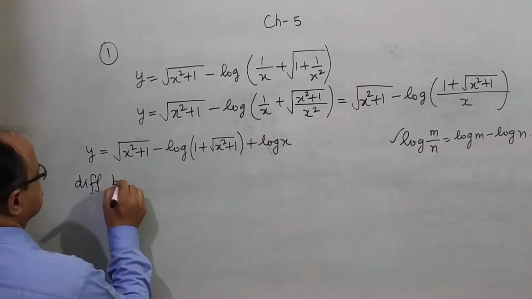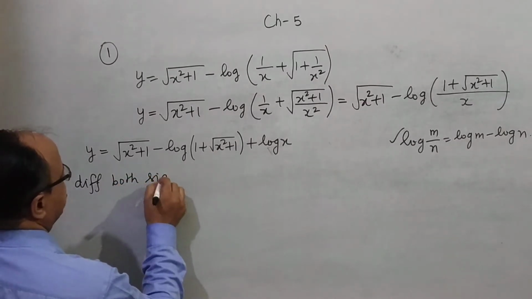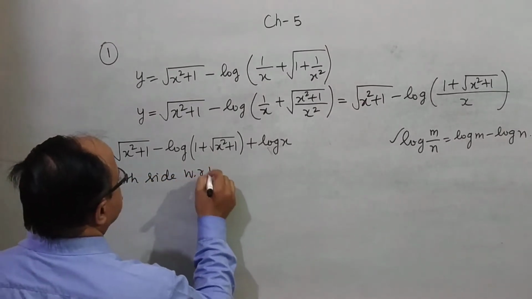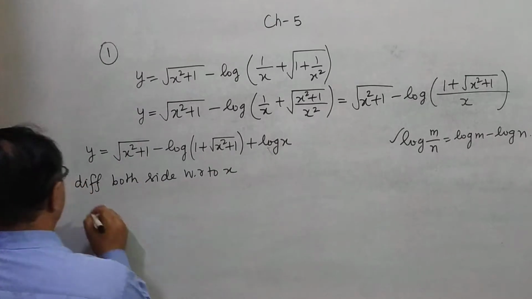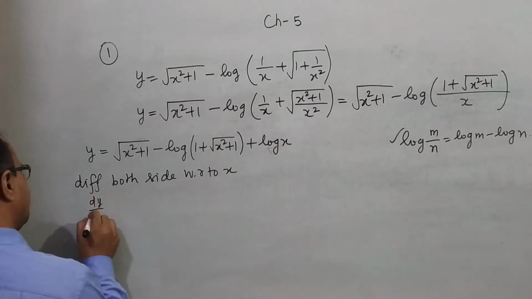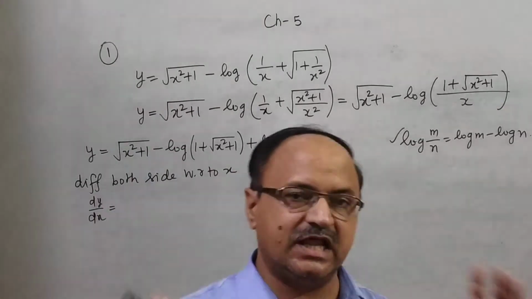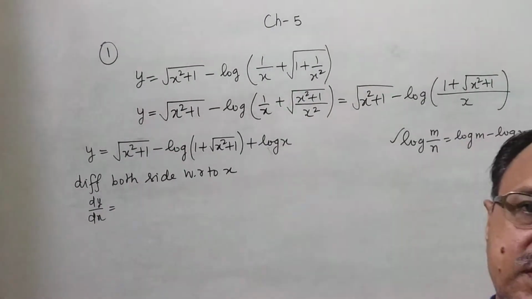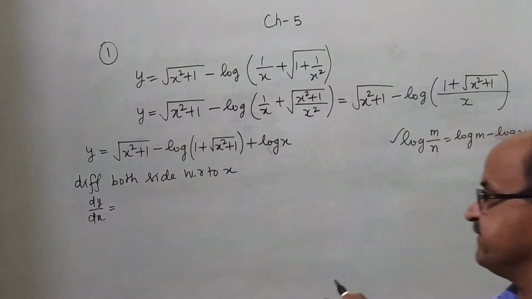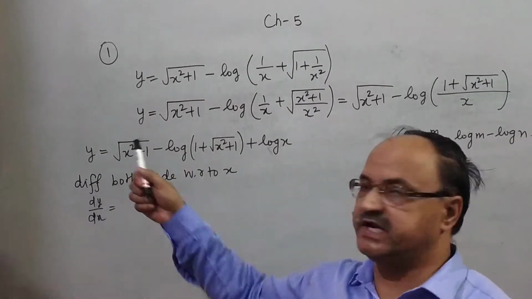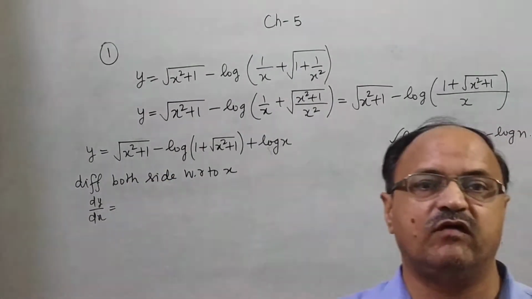Differentiate both sides with respect to x. dy by dx. And can you tell me the derivative of root x square plus 1? The derivative of root x, you know, is 1 by 2 root x.